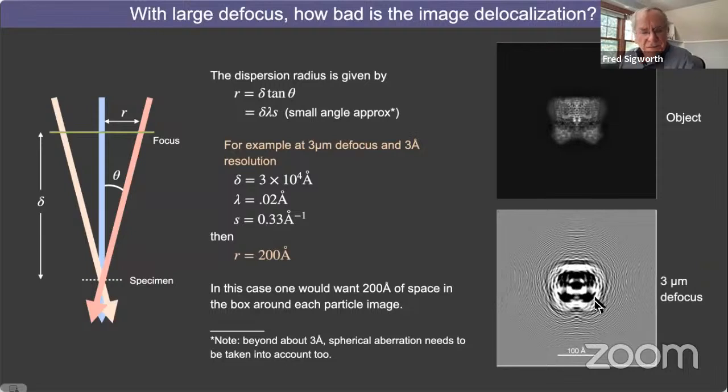This is from the famous TRPV1 data set from Yifan Cheng's lab, and this is the size of the box that they used to box out their particle images. And the box looks like it's really big, but it is not quite big enough to actually contain all of the delocalized information at such a high level of defocus. Less defocus, less delocalization. Most of their images were below 3 microns.